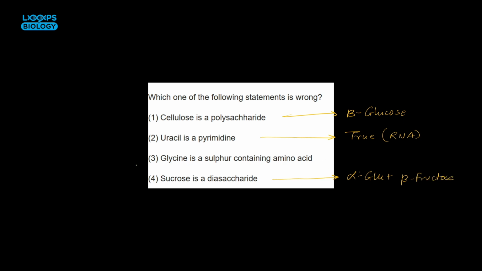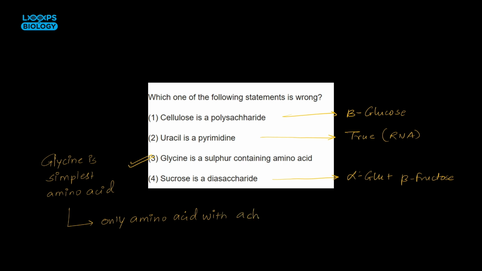And in this case, the statement that glycine is a sulfur containing amino acid is a wrong statement, guys, because glycine is the simplest amino acid, and this is the only amino acid without a chiral carbon. Achiral carbon means this carbon is bonded with some repeating component, because the structure of an amino acid looks like this.